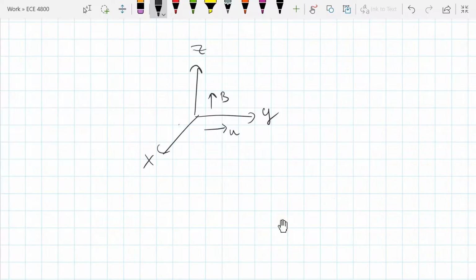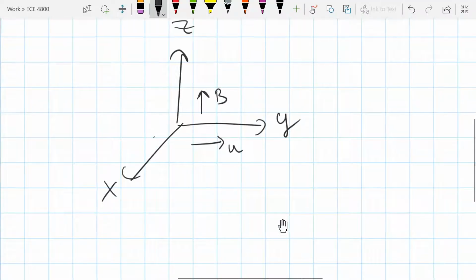All right, so the first thing you need to know is, okay, we're dealing with an electron here. So the electron is moving this way. We have to use the right-hand rule and negate it, or we just use the left-hand rule. Your first finger points in the direction that the electron is moving, the y direction. Your middle finger is pointing in the B direction.